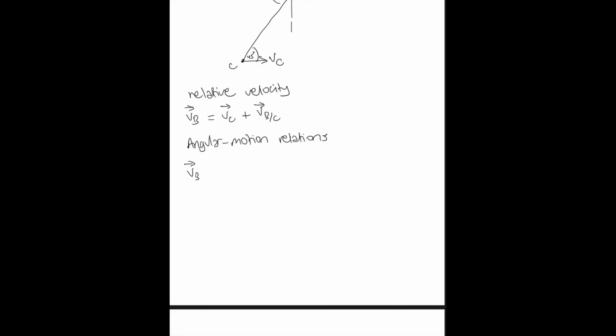Which means that the velocity of B is equal to the velocity of C plus the angular velocity of BC, cross product, the radius of BC.